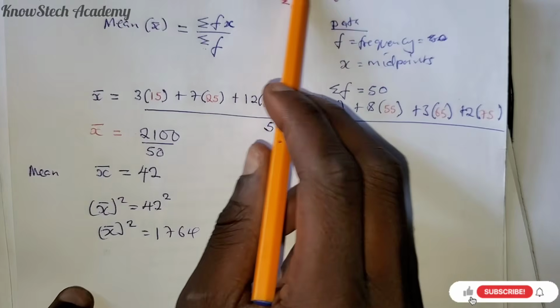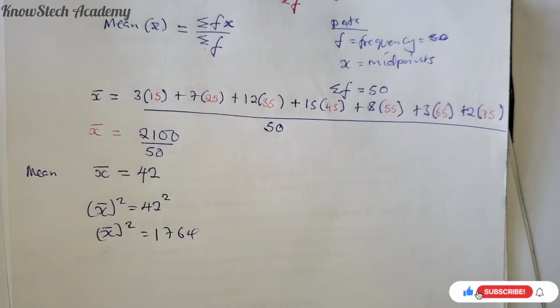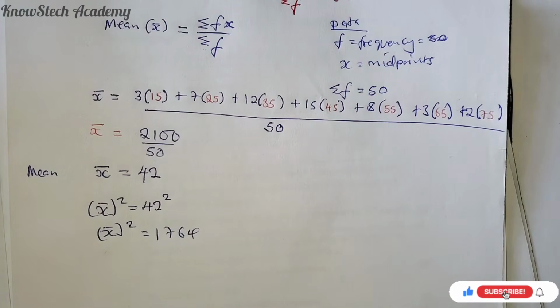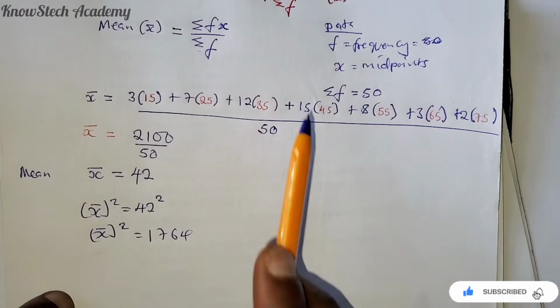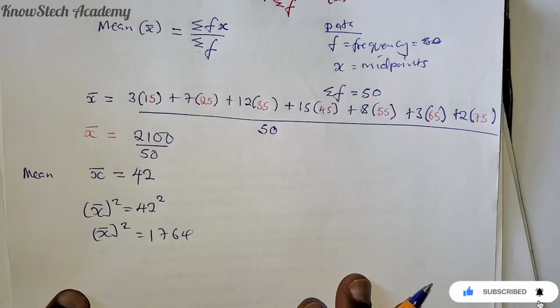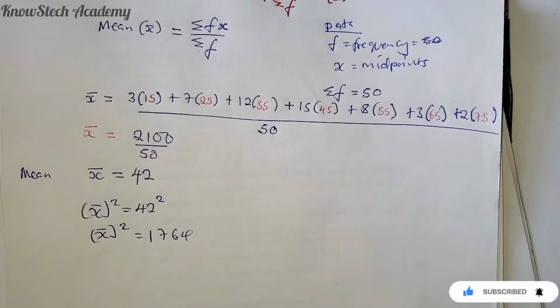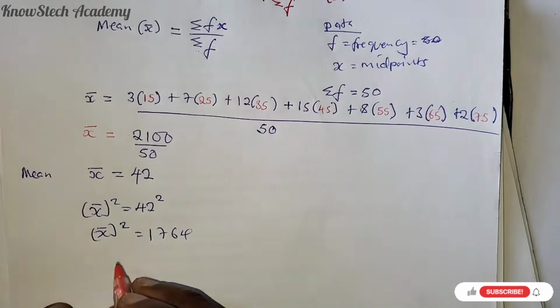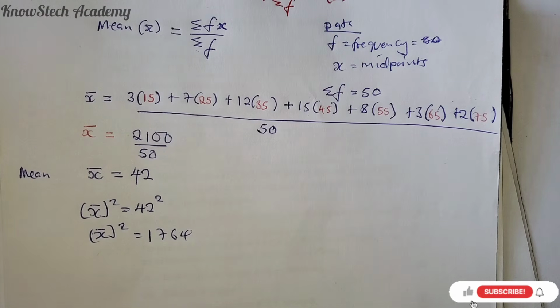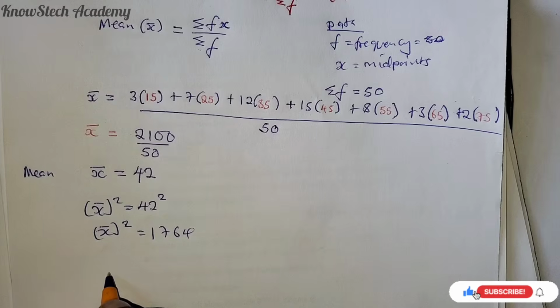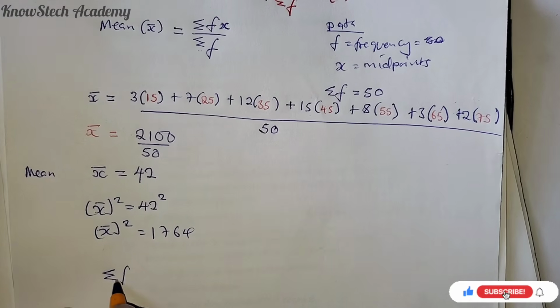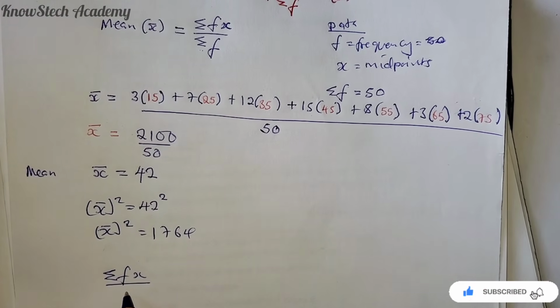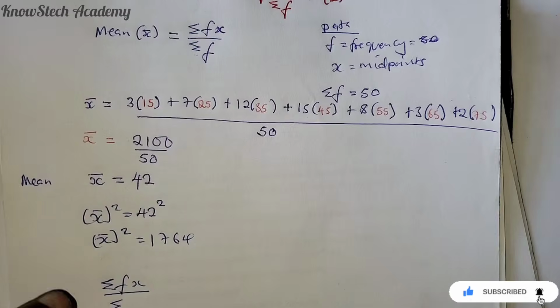So let's now calculate this part. Now you notice that this part is very simple. Why am I saying this? Because, let me just write it here, it is the summation of fx over the summation of frequency.